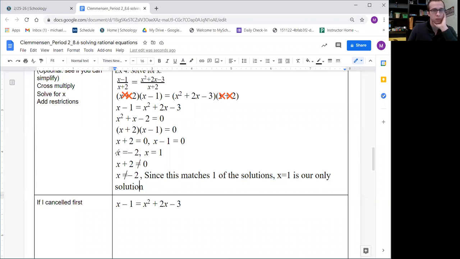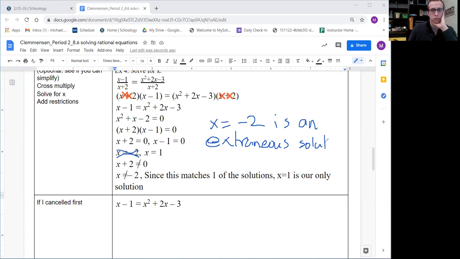This one does not actually work as the solution. x equals negative 2 is an extraneous solution, which means it's a solution that we got out that doesn't work. If I plug it in, I don't get the correct answer out. So since it matches our restriction, it can't work. So x equals 1 is my only correct answer.